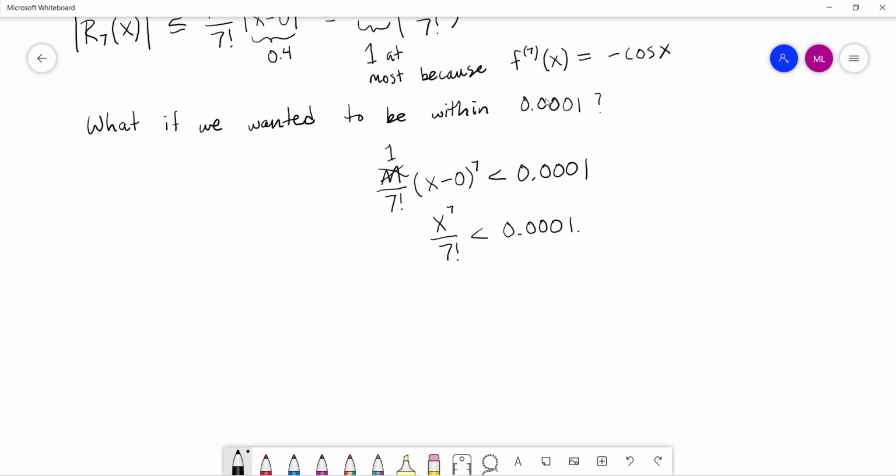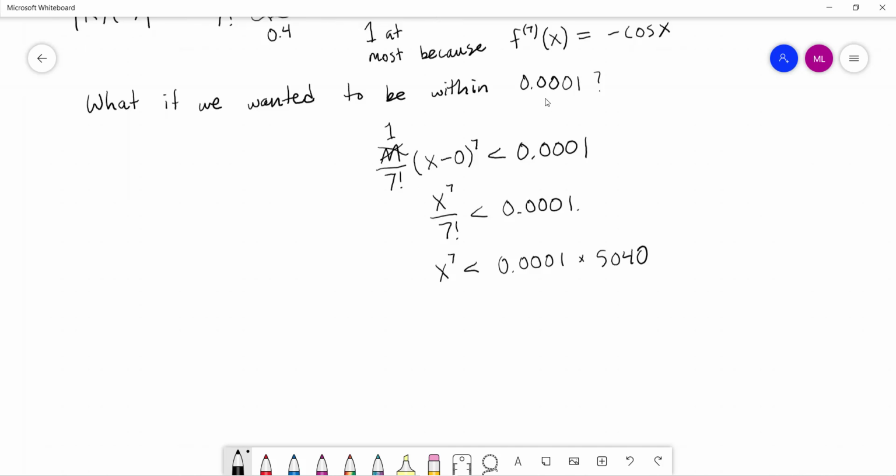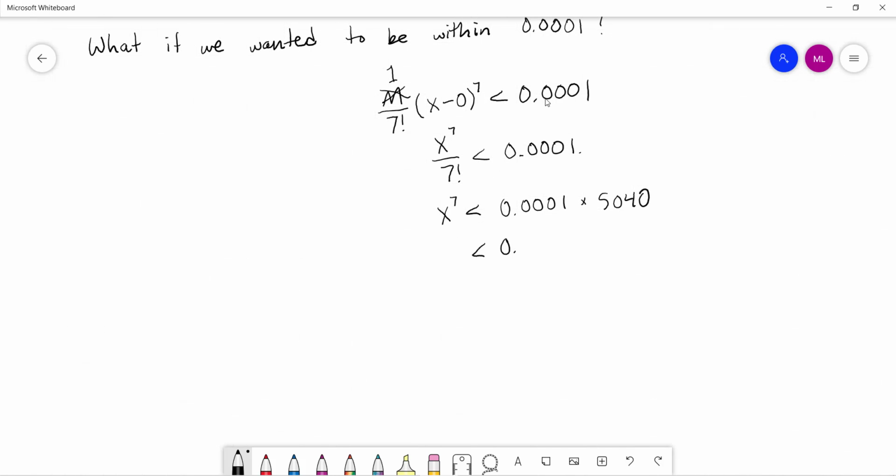So 5040. So if I multiply both sides by 7 factorial, I'll get that x to the 7th is less than 0.0001 times 5040. When I multiply that, I get about a half. And then if I want to figure out what x is, all I need to do is take the 7th root of that number.